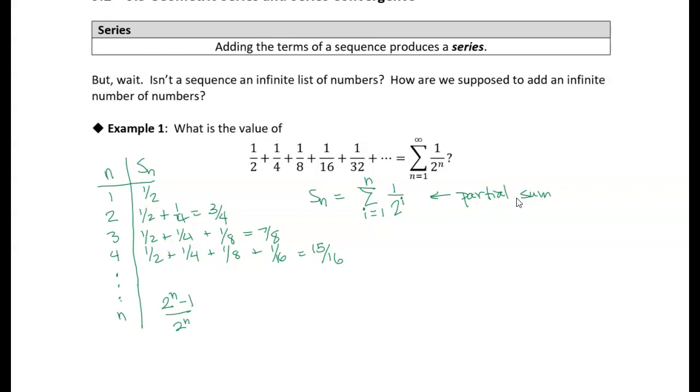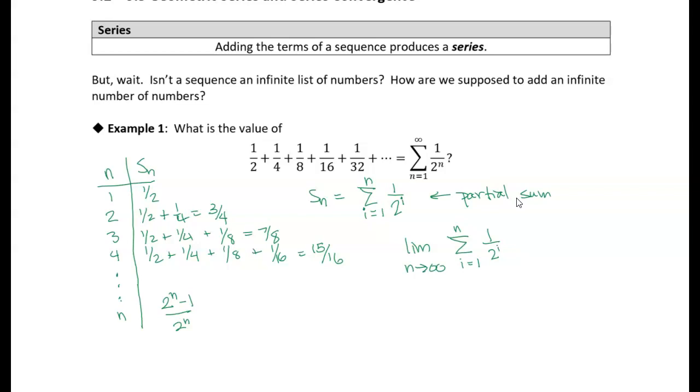So if we want to find the sum of the series, we take the limit as n goes to infinity of these partial sums, which are just adding up the first n terms. If we let n go to infinity, we get the sum of the whole series.